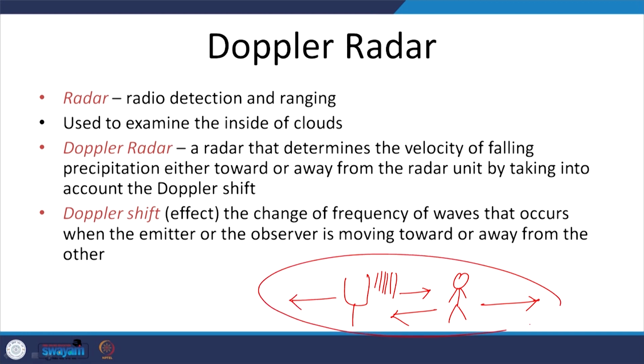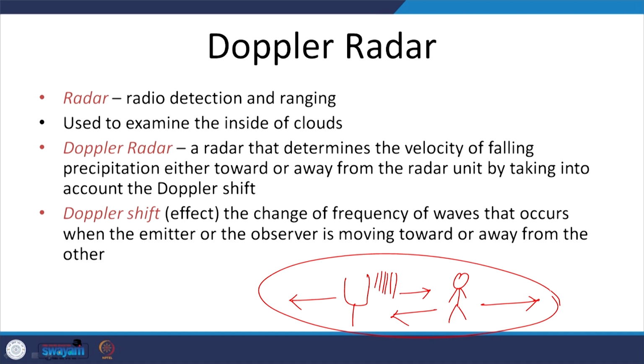In all these 4 different cases, or as a matter of fact, things happening simultaneously. Let us say, for example, source and observer are independently moving away from each other, or independently moving towards each other, or the observer is moving away from the source, but the source is moving towards the observer. In all these cases, the frequency observed by the observer will be different from the actual frequency.